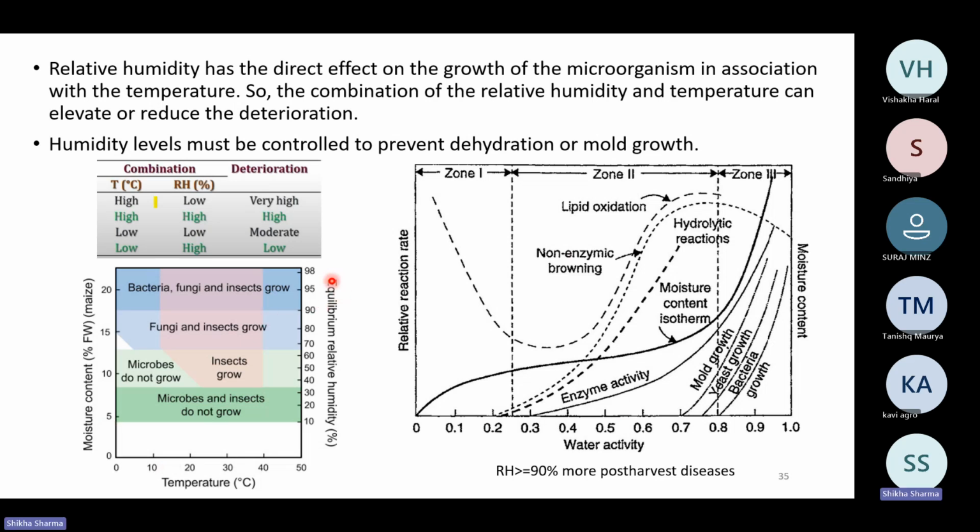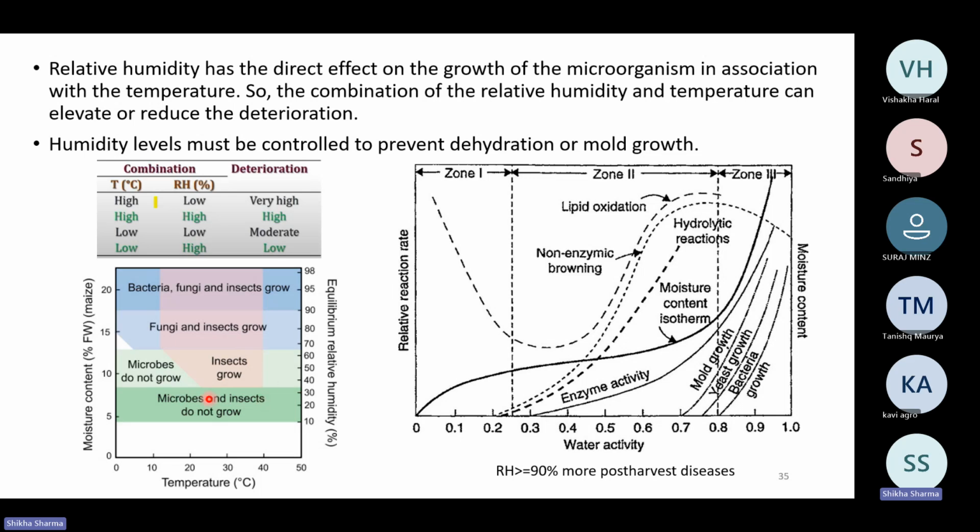In this figure at the bottom left, we see temperature, moisture content and relative humidity. If they are very high, most bacteria, fungi and insects can grow. But if we decrease the relative humidity or moisture content, bacteria cannot grow, only fungi and insects can.